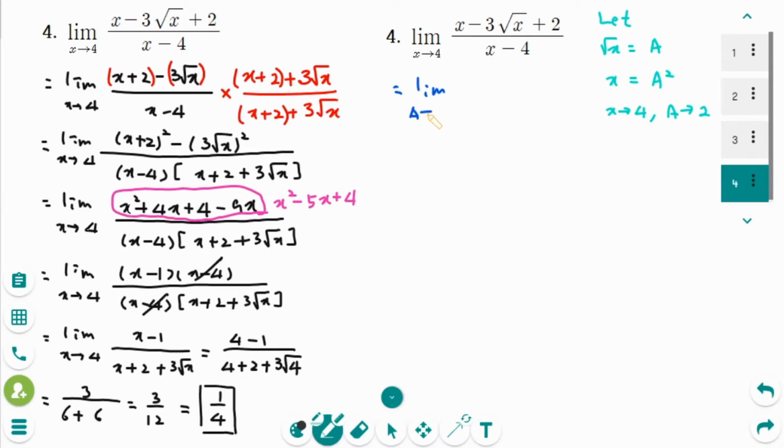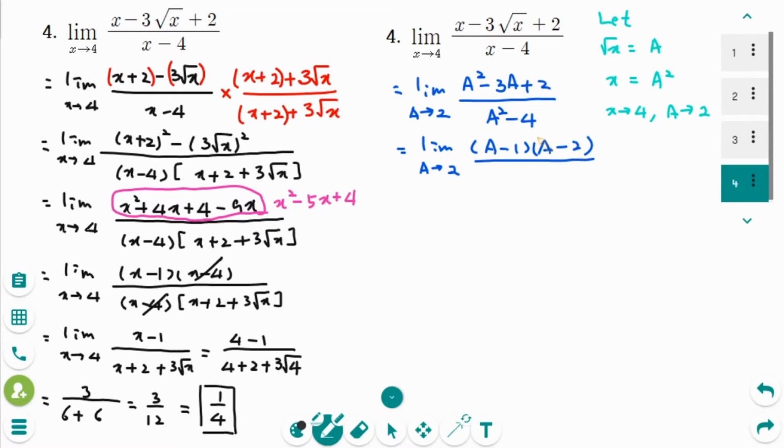as a approaches 2, so x means a squared minus 3 square root of x means a plus 2 over a squared minus 4. Then we can factor the numerator, a minus 1, a minus 2, over the denominator, a minus 2, a plus 2.